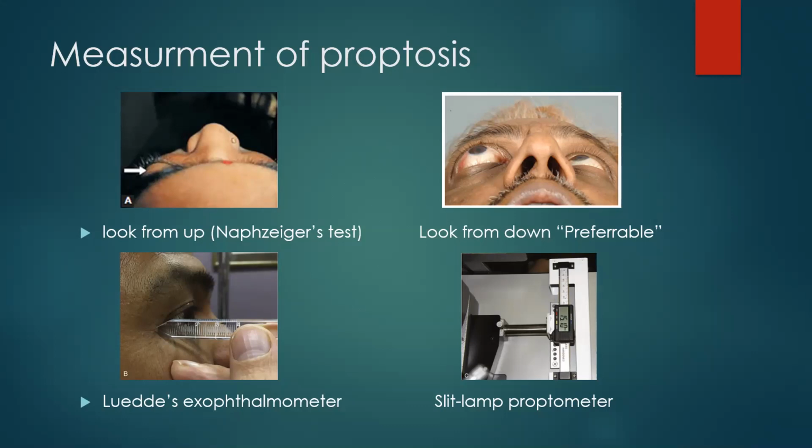It can be solely secondary to the eyelid swelling, not caused by proptosis. So if you want to look for proptosis without any tool, better to look from down, like in this picture.